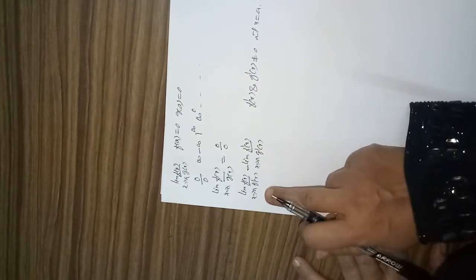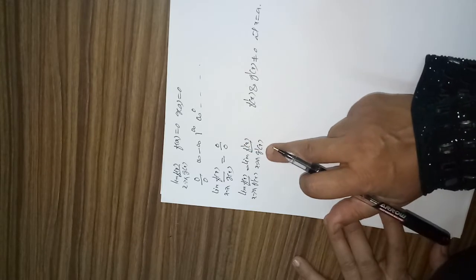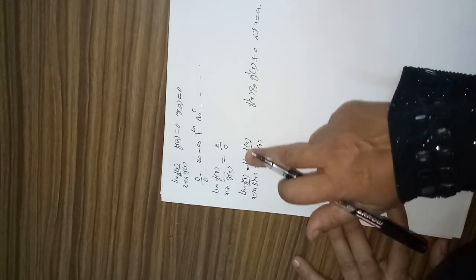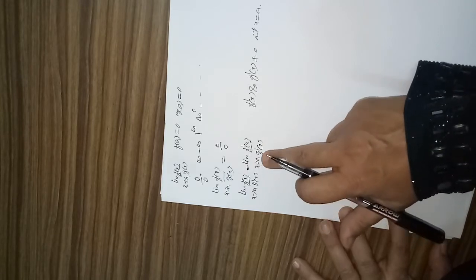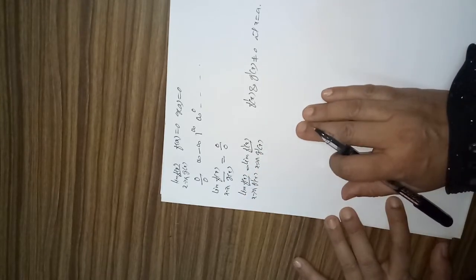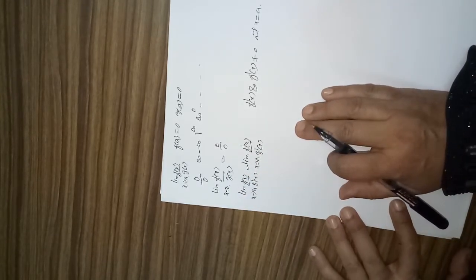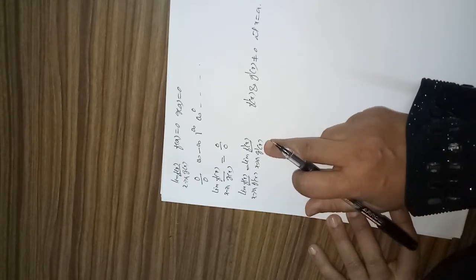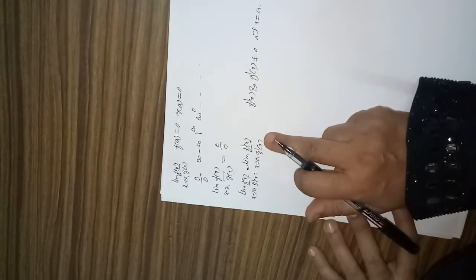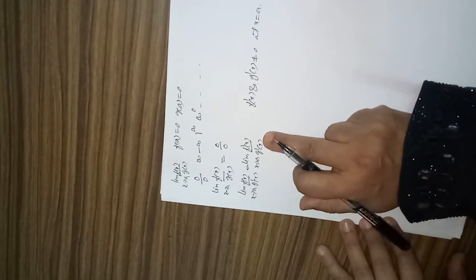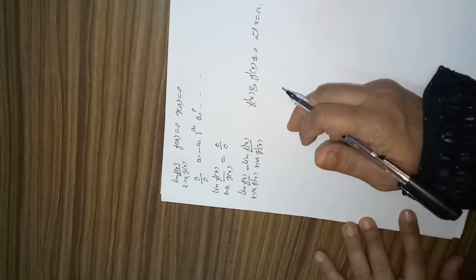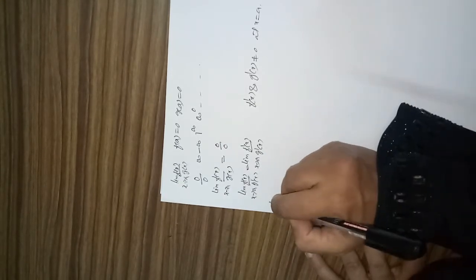That means instead of limit of f dash x by g dash x, we shall be finding limit of f double dash of x by g double dash of x as x tends to a, and this will be continued. This rule is called L'Hospital's rule because a mathematician by name L'Hospital introduced this. Let me consider a problem.